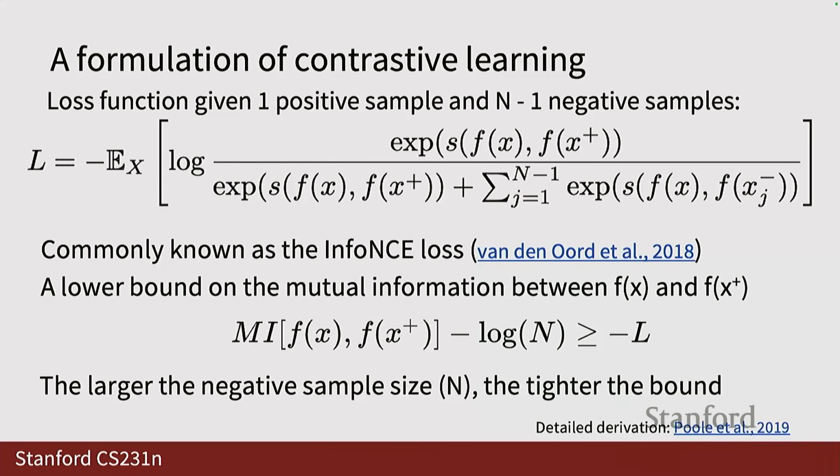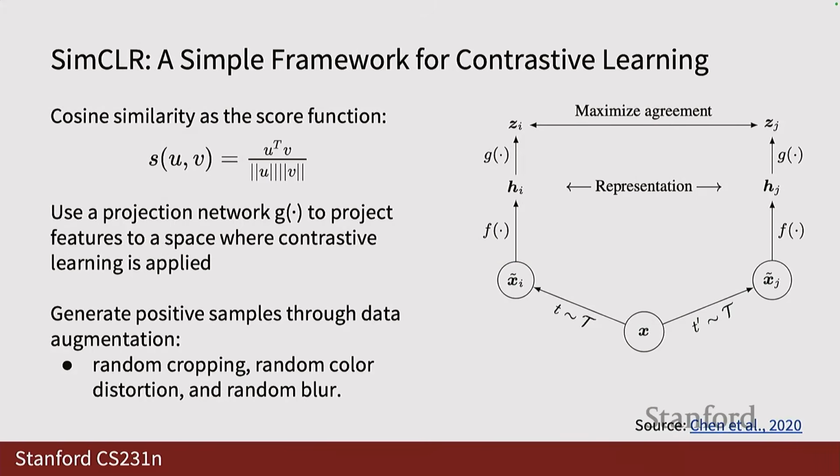And then this loss function was used in a number of different frameworks. In the next few minutes, I'm just going to tell you what those frameworks are. For example, SimCLR is a simple framework for contrastive learning. It basically takes each image, does two transformations of the same image, and transfers them into the representation space.